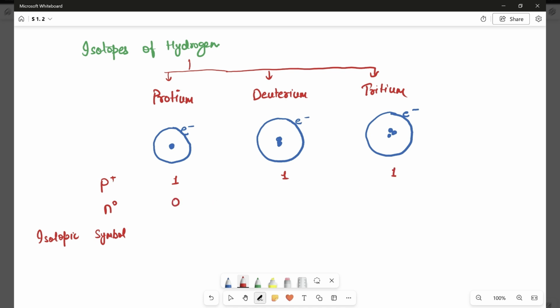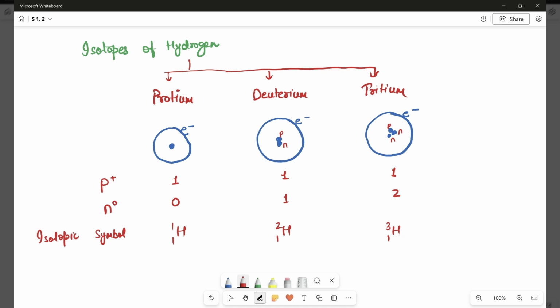Neutron: here you have 0, here you have 1, here you have 2. And how to write? 1H1 is protium, 1H2, 1H3, right? In this way we can write.